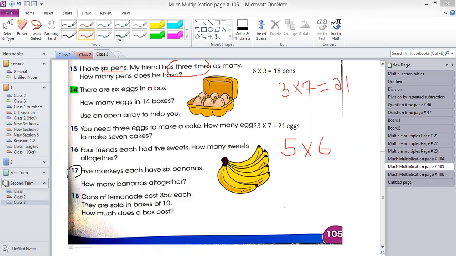Answer me in the chat. Your chat is open. If there are 5 monkeys and each monkey has 6 bananas, how many bananas will be all together? Ali, very good. Sharif, very good. Abdurrahim Fadi, very good. Muhammad Al Harbi, Ahmad Yusuf, very good. Ayan Farhan, very good. Abdul Rahim, check your answer again.